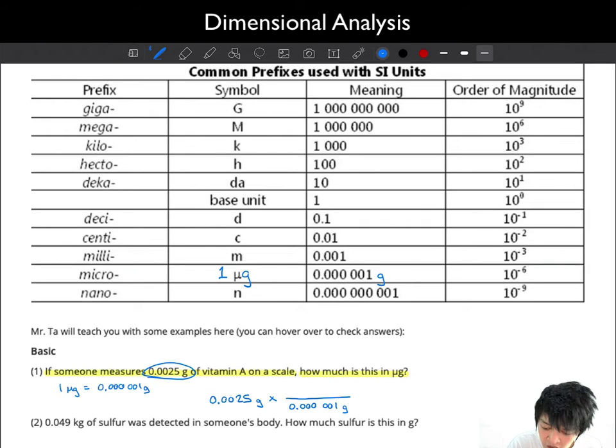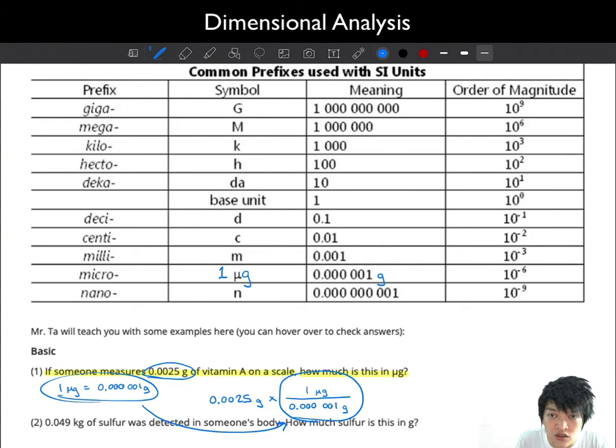That means on the top of this fraction we write the other part of the relationship, 1 microgram, because that's the only thing left. If you did your reading, you know this thing that looks like a fraction is called a conversion factor. A conversion factor is just a relationship written as a fraction.